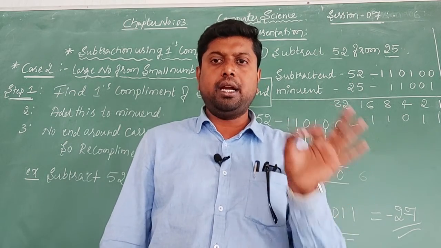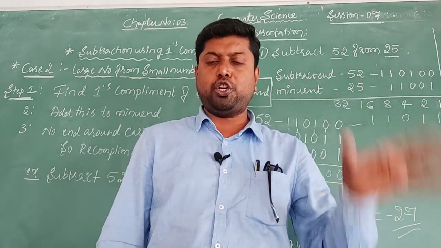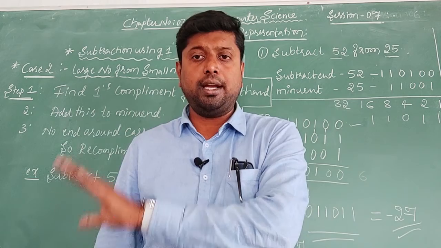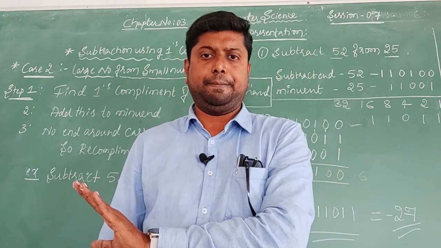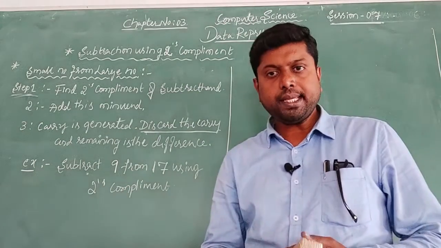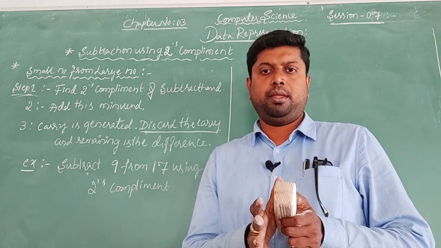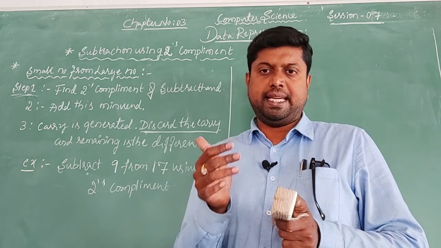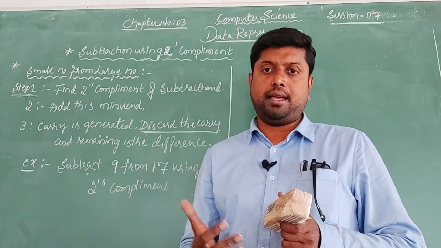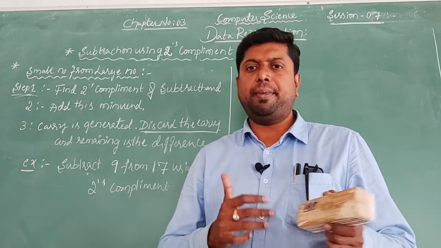Subtraction using 2's complement. Only one case we'll discuss: subtracting a smaller number from a larger number by using the 2's complement method. See dear students, after ones complement subtraction using two cases, small number from large number as well as large number from small number, there was a ones complemented result.